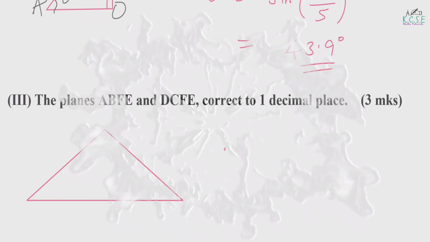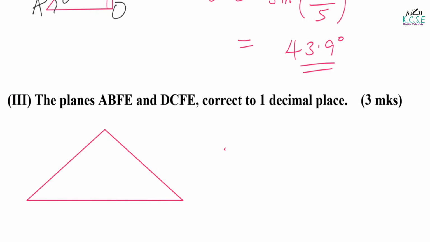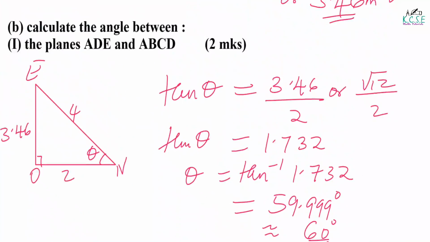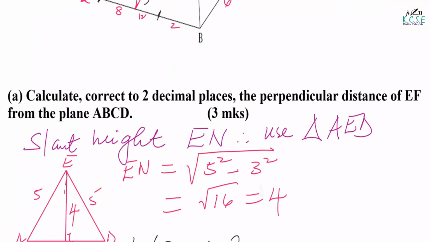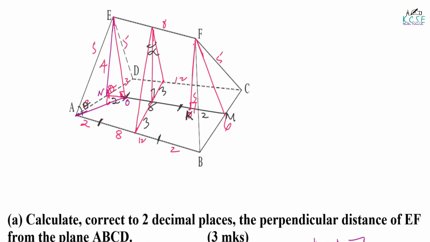So what we have is, this is the right angle. So we require the whole of this angle. That is what we require from the diagram, as you can see.